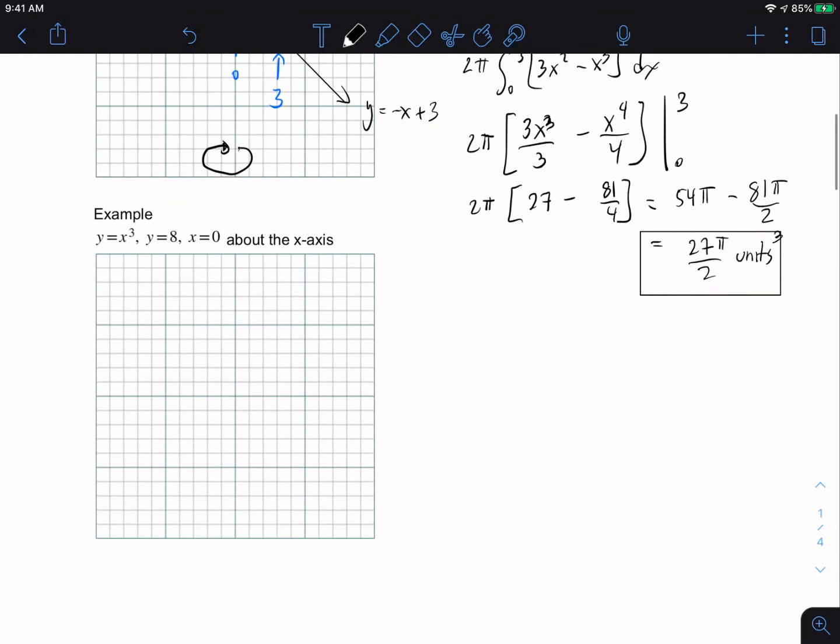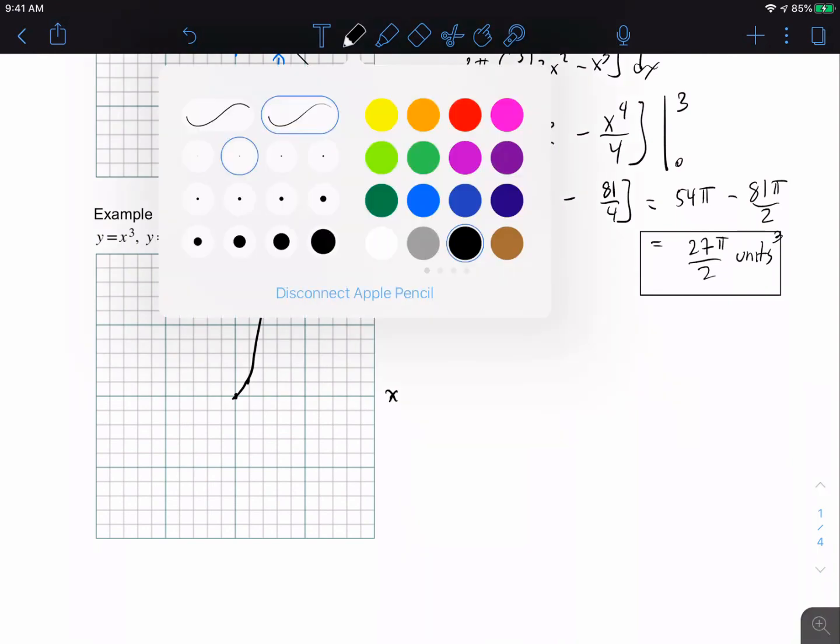All right. So we did this problem last time. And I talked about if we did it with dx or dy, it didn't matter. So I'm going to show you guys this problem this time, but I'm going to do it with the shell method. So 0, 0, 1, 1, 2, 8. That's this curve, right? That is the y equals x cubed piece.